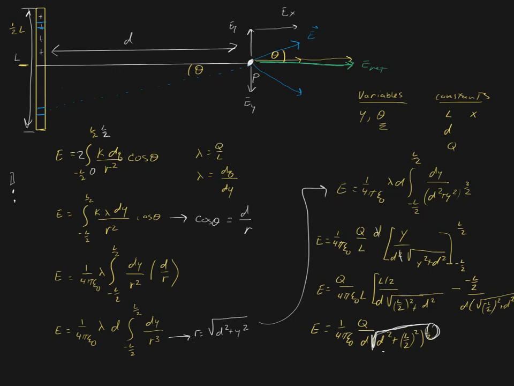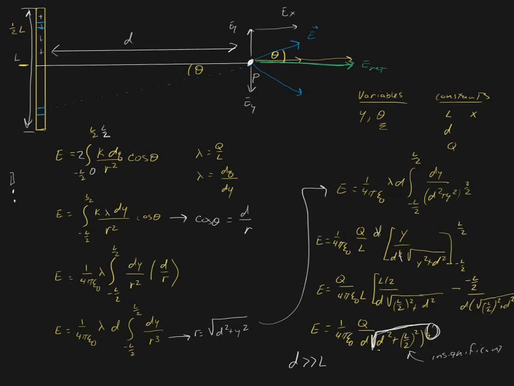As you get further away, in other words, if D is much, much greater than L, the length of our rod, then this L over 2 term becomes insignificant.